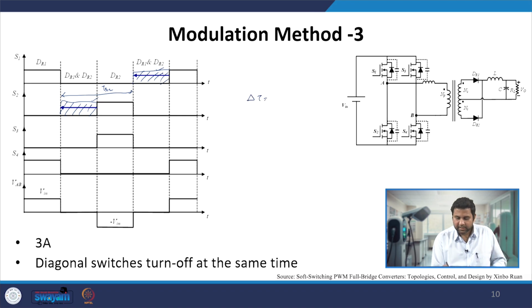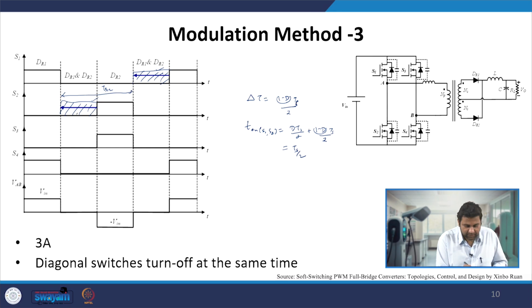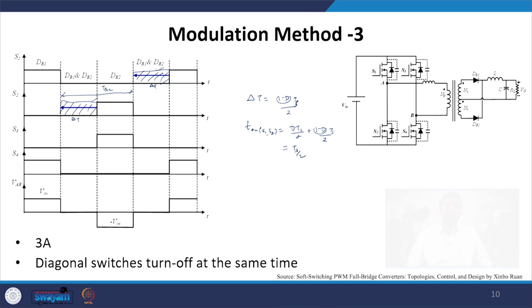Here you have kept delta T as 1 minus d Ts by 2. That's when your T on of S1 and S2 is nothing but d Ts by 2 plus 1 minus d Ts by 2, which is nothing but Ts by 2 period. And if you look very carefully, during the delta T adjustment period, the turn on adjustment, your VAB voltage is still not changing.